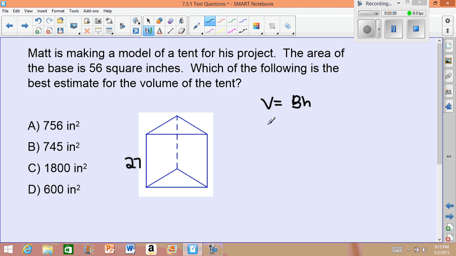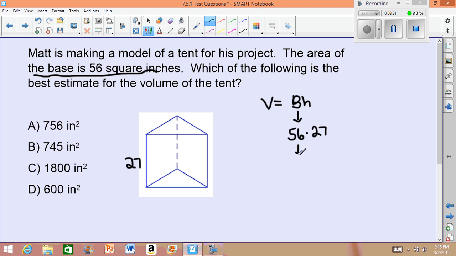Well, lucky for us, it says already that the area of the base is 56. So we don't have to calculate anything. We just replace that big B with 56. So I have 56 for the area of the base times my height of 27. And it asks which is the best estimate for the volume.